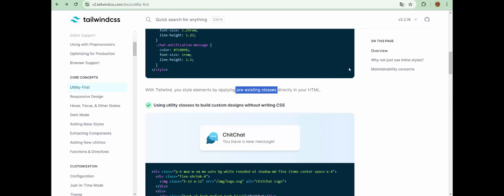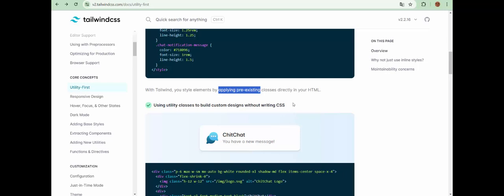Okay, somebody created the classes and gave us the names of those classes, and we use those names directly in HTML. With Tailwind, you style elements. What elements? HTML elements, element by element, by applying pre-existing classes.